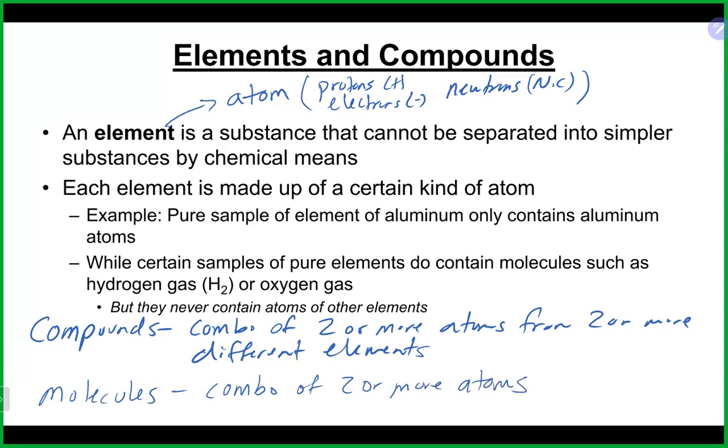So what is the difference between these two? It is this part of it. In order for something to be a molecule, you simply need two or more atoms. Could be two or more atoms of the same element, could be two or more atoms of different elements. A compound, on the other hand, needs two or more elements involved.